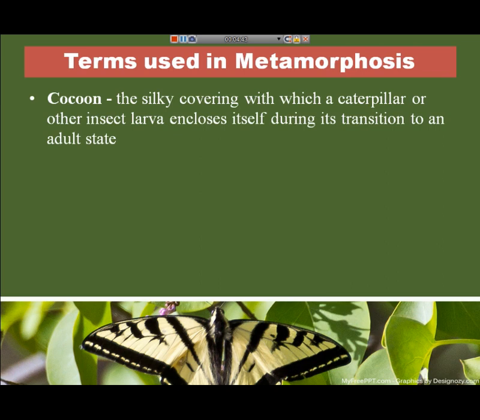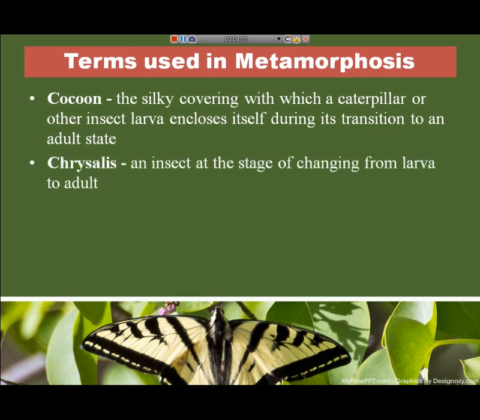Another one is the term cocoon. This is the silky covering with which a caterpillar or other insect larva encloses itself during its transition to an adult stage. Another term is the word chrysalis. This is where the insect is at the stage of changing from larva to adult.